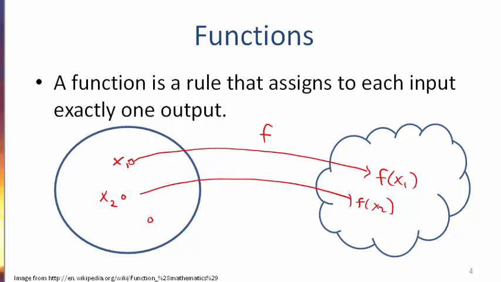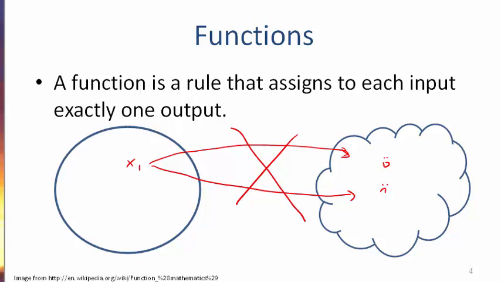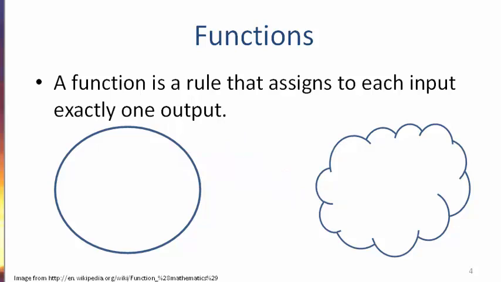The things that are not allowed to happen: if I have an x1 over here and two values over here, maybe smiley face and sad guy, I cannot have this value of x going to two different places. That is no good. That is not a function.